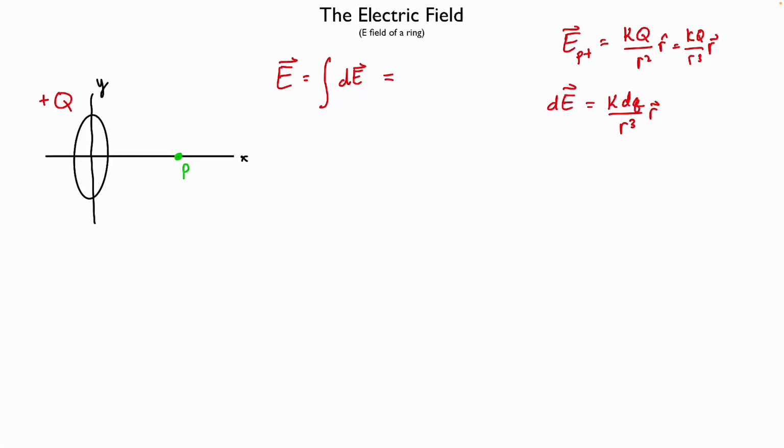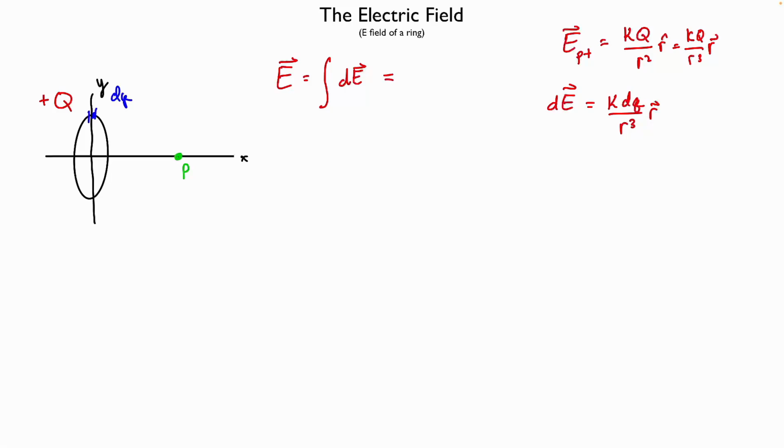Pick a spot, any spot on that ring that seems easy to think about or even draw. I'm going to pick the top, on the y-axis. I'm going to pick a point right up here to be my little piece of charge. It's my little dQ just sitting right up there. It's a section of the ring. Where does the R vector for that little tiny piece of my ring start?